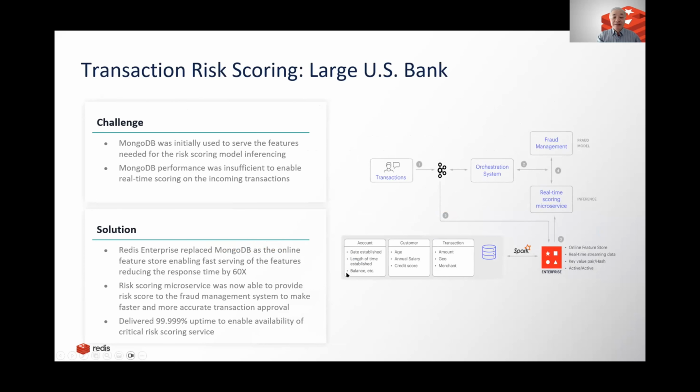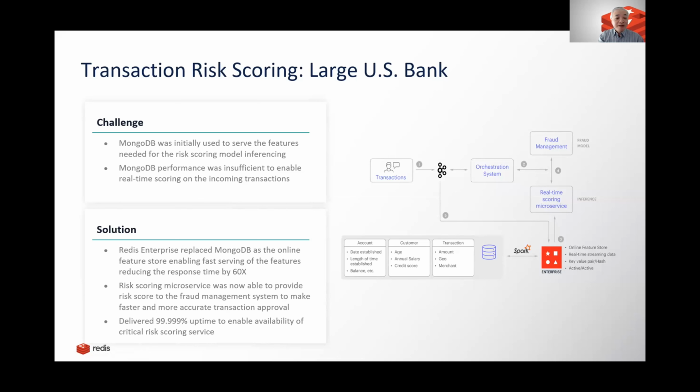They were getting a number of different features. Again, these are just representative examples. I can't get into the exact details, obviously. But they were using, in this case, MongoDB as their feature store repository, and it just wasn't performing well enough. It was increasing the response time.